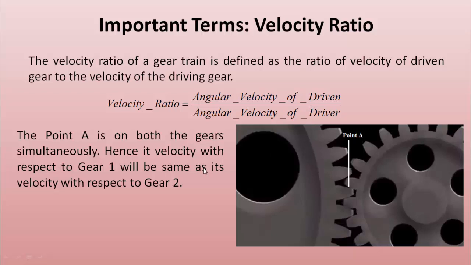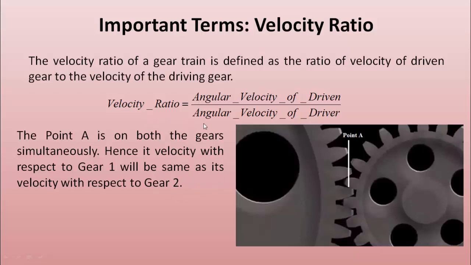As I told you in the previous video also, whenever you use a gear train, there will be one gear which will be connected to the motor or to the engine, which is rotating automatically, and this rotational motion is transmitted to the other gear. The velocity of the driven gear, how fast the driven gear is rotating, divided by the velocity of the driving gear, is known as your velocity ratio.